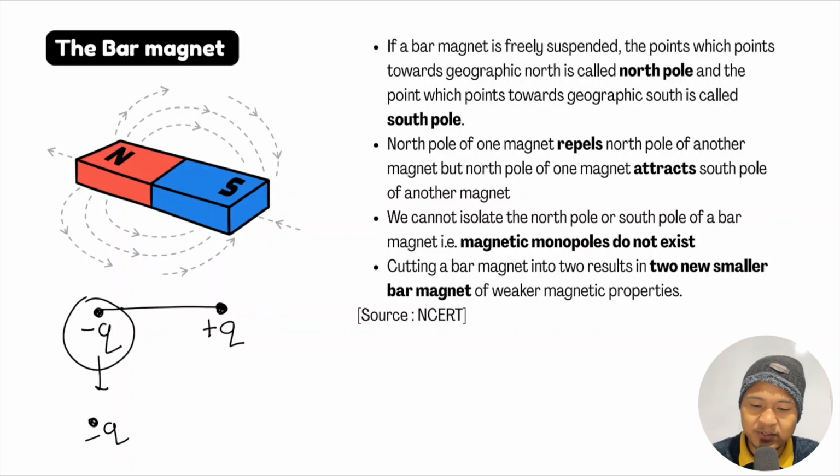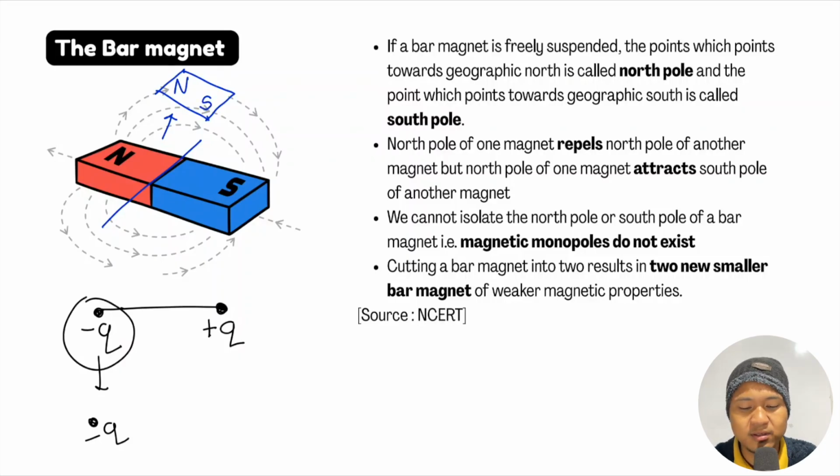But for a bar magnet, if you cut this into two, on each side you will get another, smaller bar magnet with a north pole and a south pole. So this will be south, this will be north.